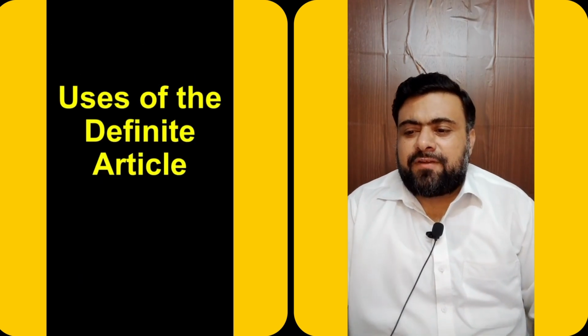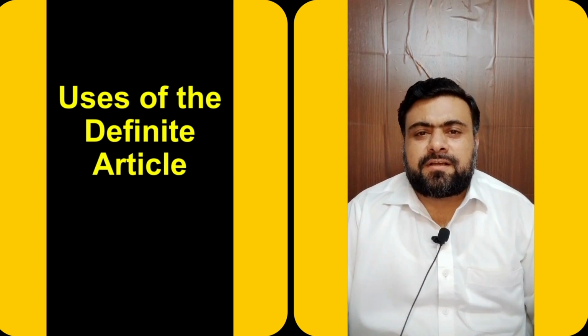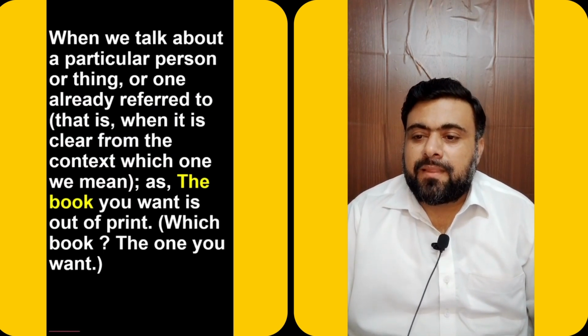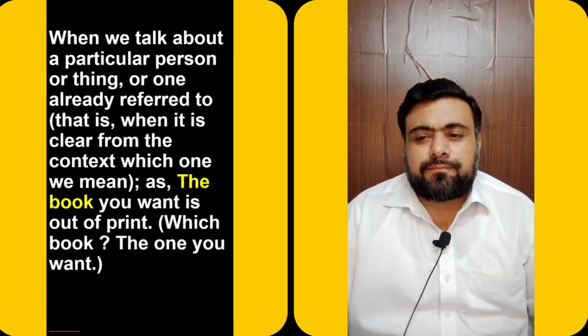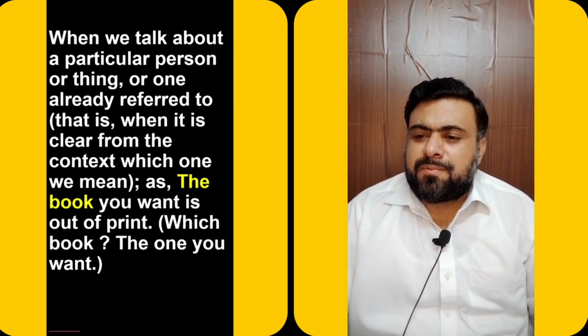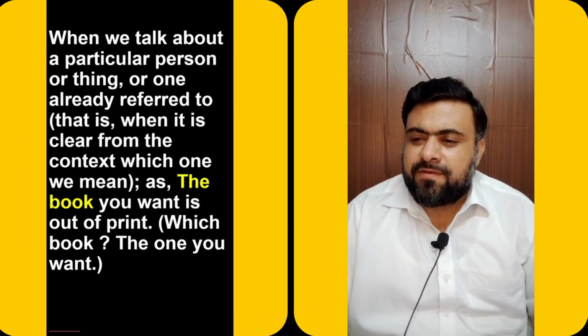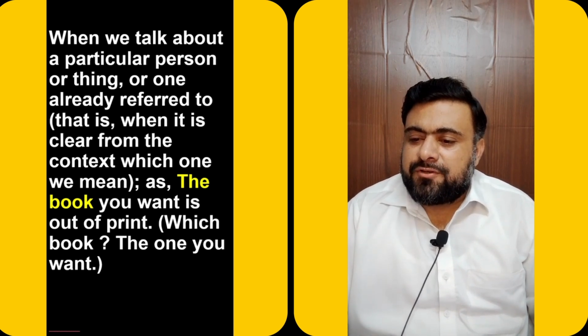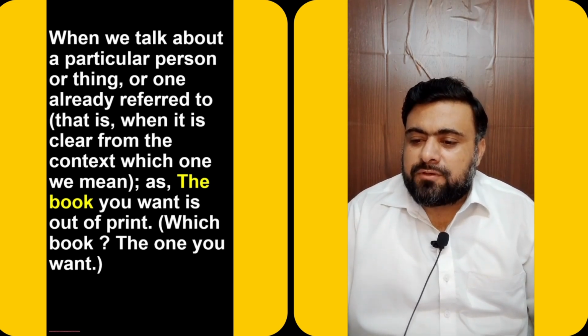Uses of the definite article. How the definite article, that is the, is used in sentences. For example, when we talk about a particular person or thing or one already referred to, that is, when it is clear from the context which one we mean, as the book you want is out of print.